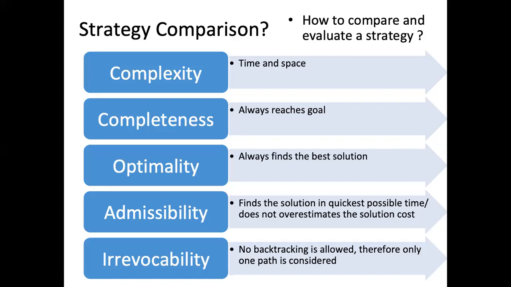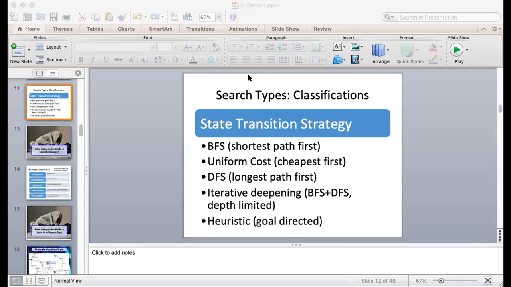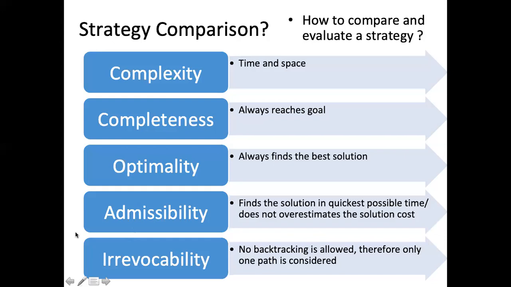The admissibility factor is that whenever you compare the cost with the solution cost associated with that particular search, the estimates that you have would always underestimate the actual cost.